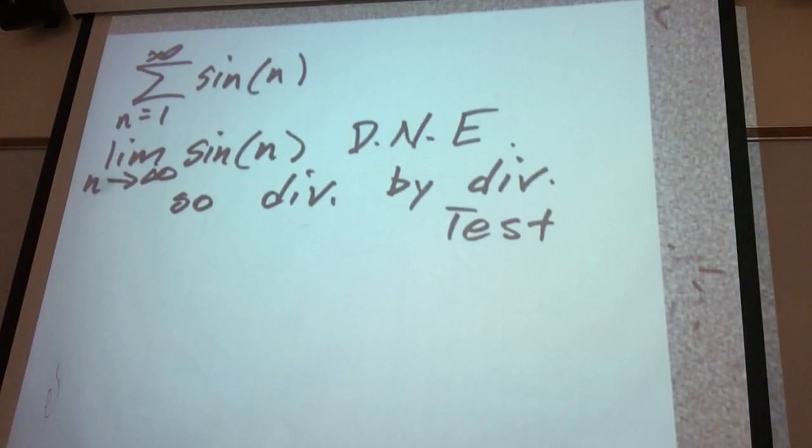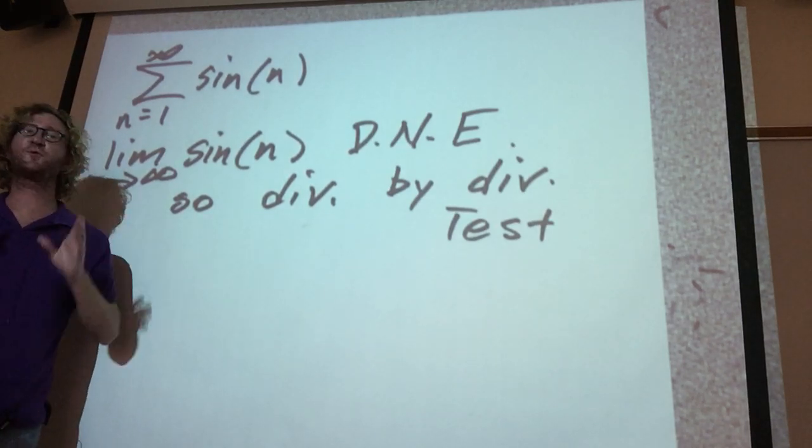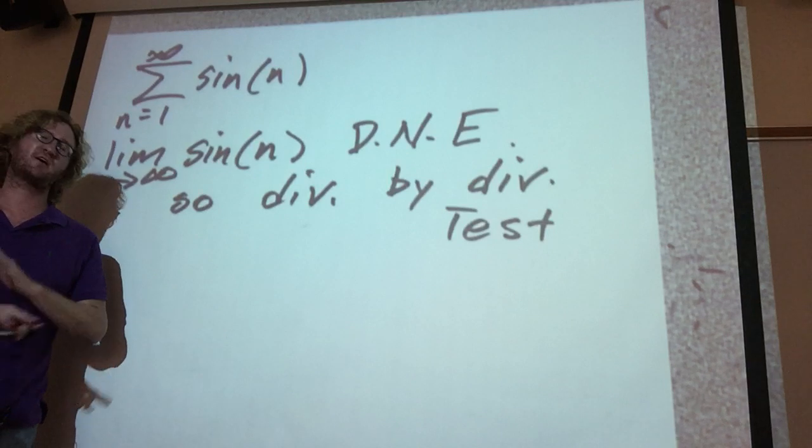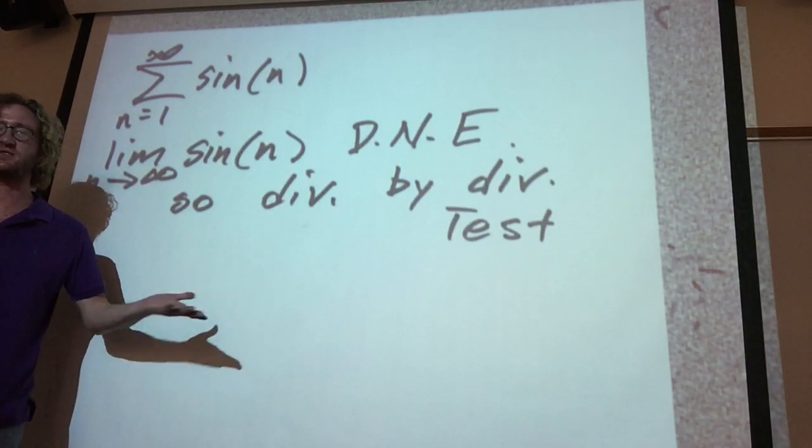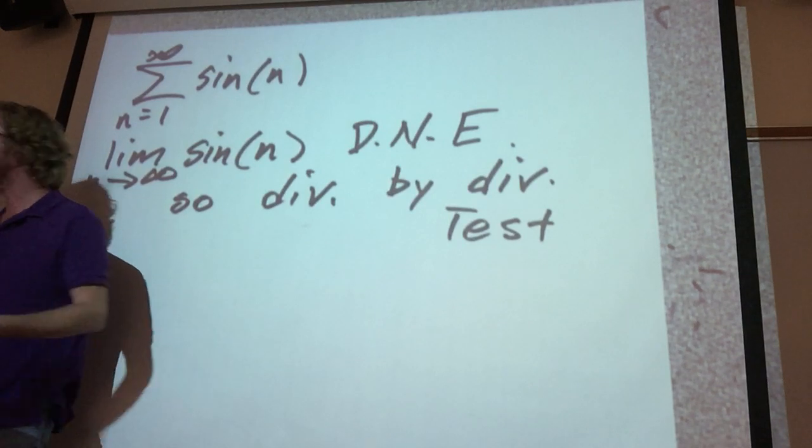All right, now there's something very important that you need to pay attention to on this. The divergence test only tests for divergence. It does not tell you anything about convergence at all. Hence the name divergence test, okay?